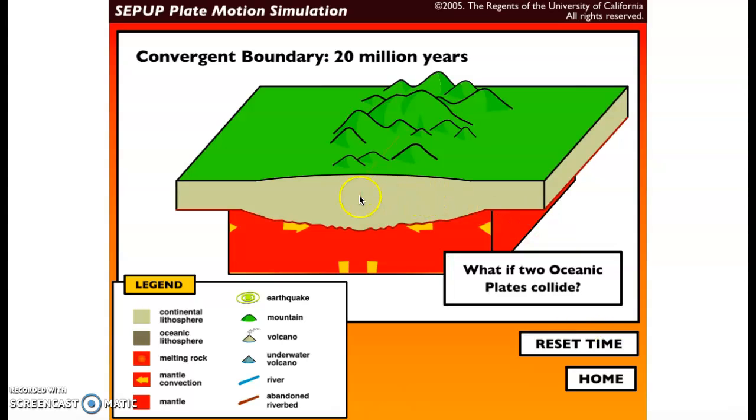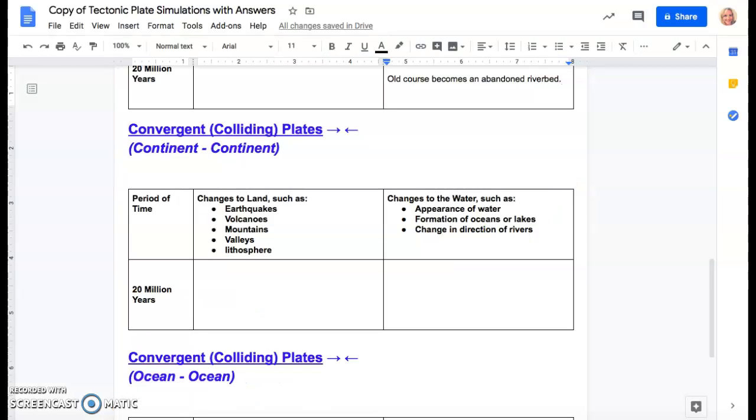Okay, so if I look, as they collided, some pushed up, the continental crust got very thick, the convection current continued to happen. So in my notes, I would say that there were many earthquakes, right?